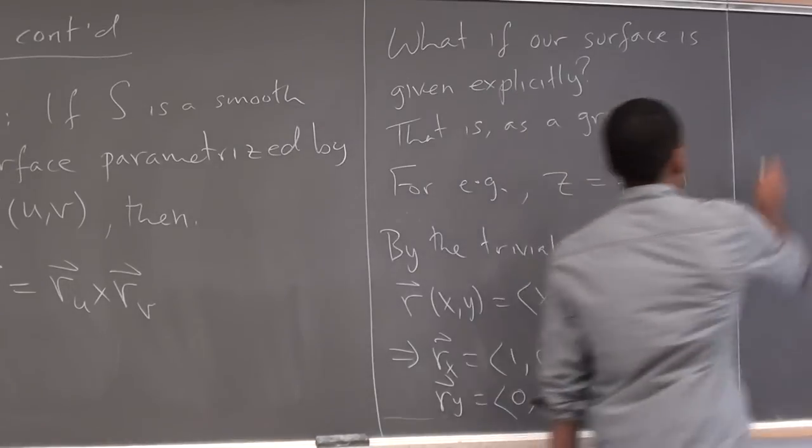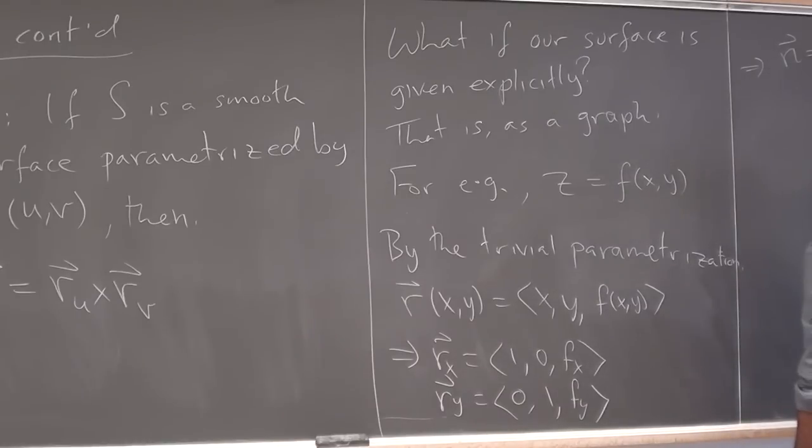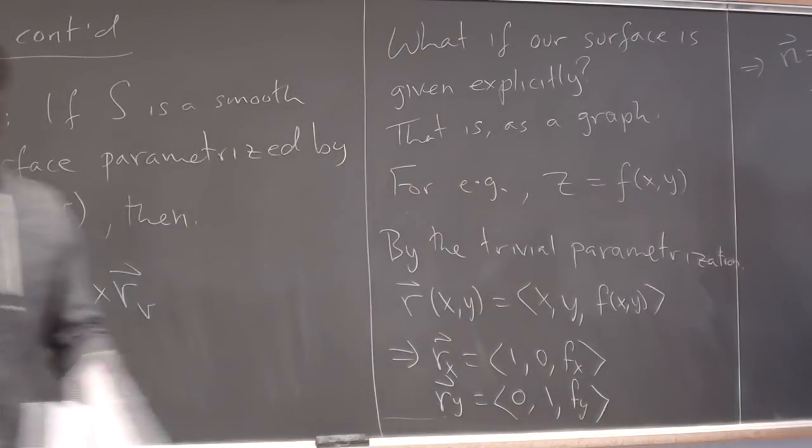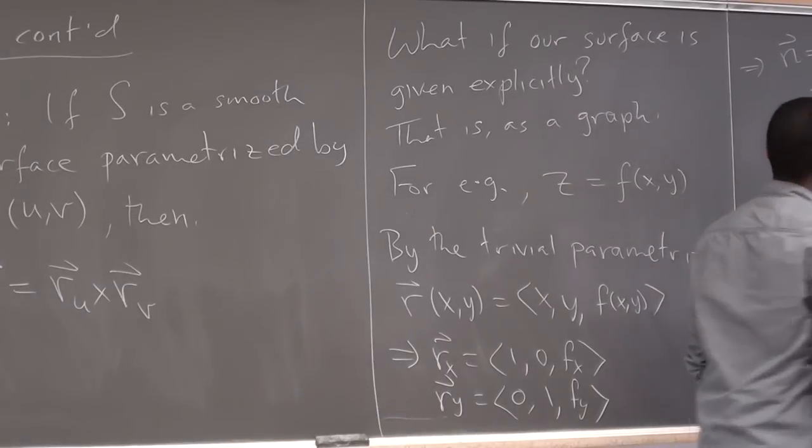This would mean that your normal vector in this case would be r sub x cross r sub y. So this would be 1, 0, f sub x, and 0, 1, f sub y. What vector is this going to be?